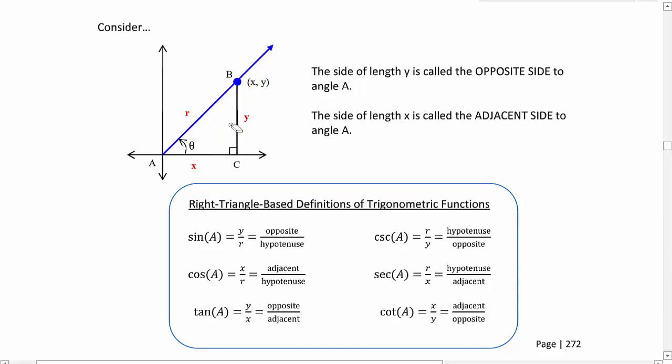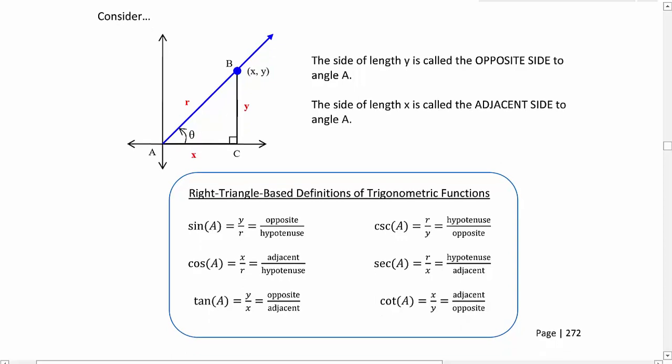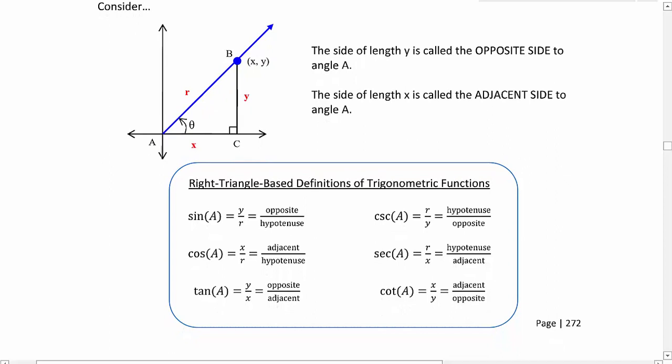Now we're just going to take the 6 trig definitions that we already know and put new words to it. We know that sine of A is y over r. But we just said that side y is the opposite side, and we know that r is the hypotenuse to this right triangle here. So sine of A, which is equal to y over r, can also be thought of as opposite over hypotenuse.